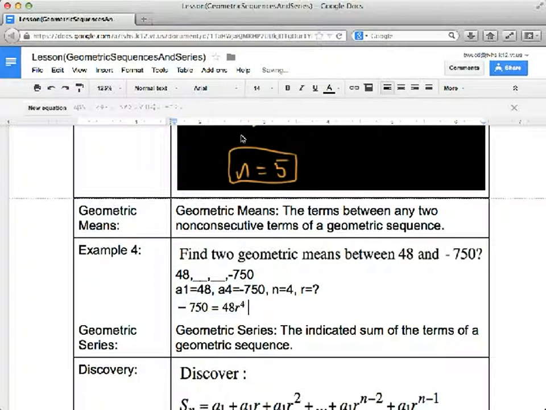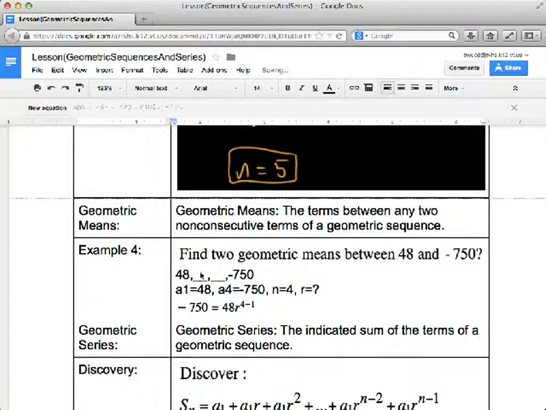So how would you solve this for r? Oh, 4 minus 1, good save. I would divide by 48 and then cube root both sides, and I'd get the answer for r.